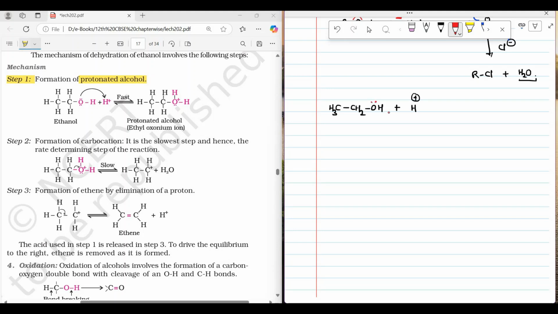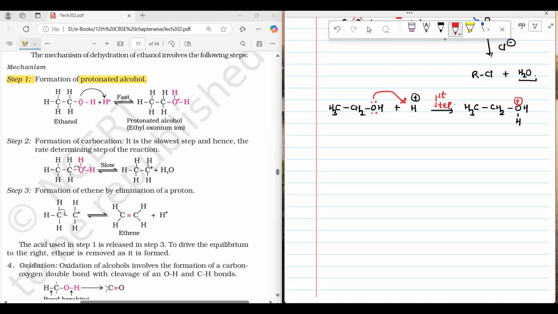And we know oxygen has two sets of lone pairs. So oxygen will abstract H plus from the reaction medium, and it results in the formation of protonated alcohol. So here you will get CH3CH2OH, and now this oxygen has made a bond with the H plus ion by the donation of a lone pair. So this oxygen will develop a positive charge. So this is the first step of the reaction.